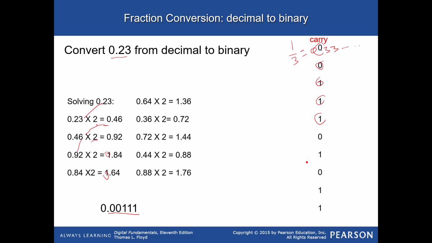If you are curious to know why this one is repeating, you can look at the number and notice, for example, 0.5 and 0.25. We can write 0.5 as a power of 2, 1/2, and 0.25 as 1/4. But this one, no. 0.23 is really 23 over 100.